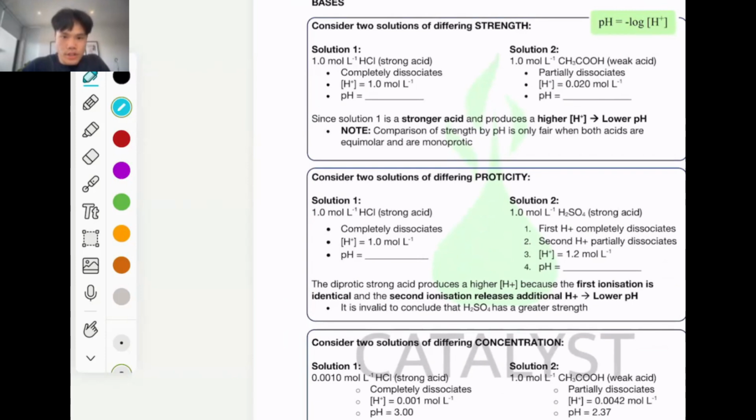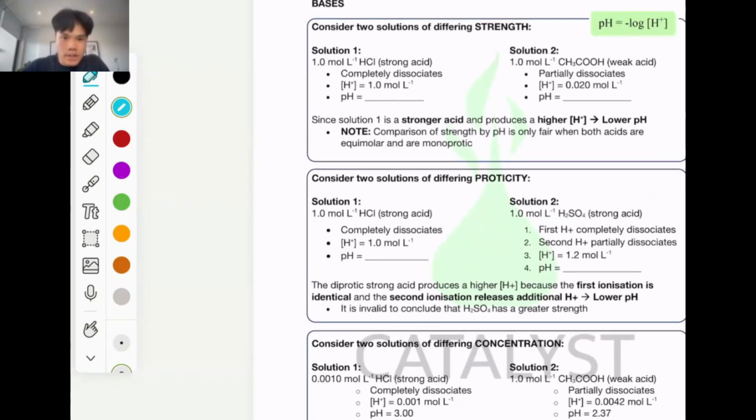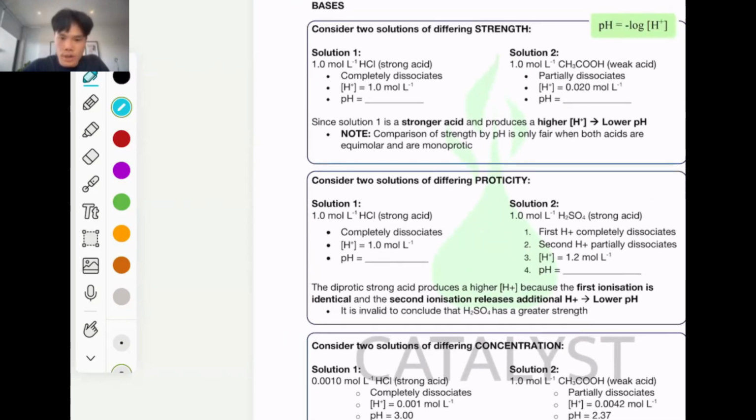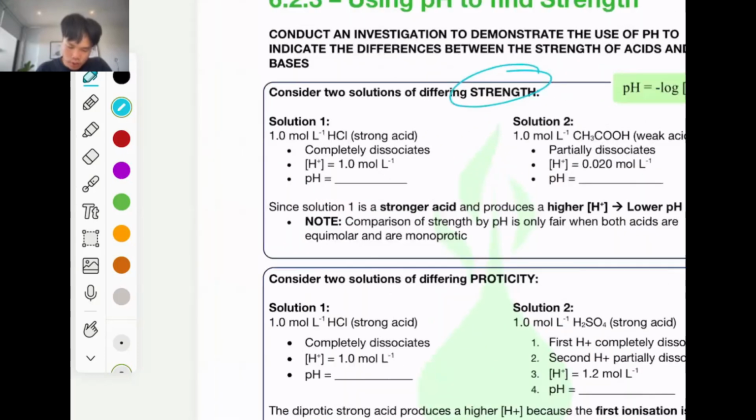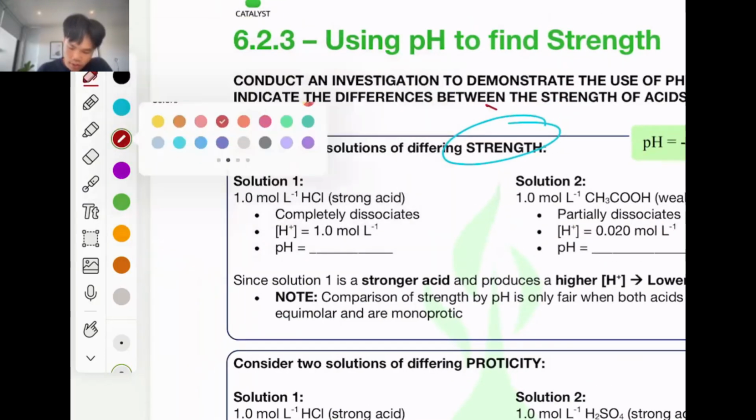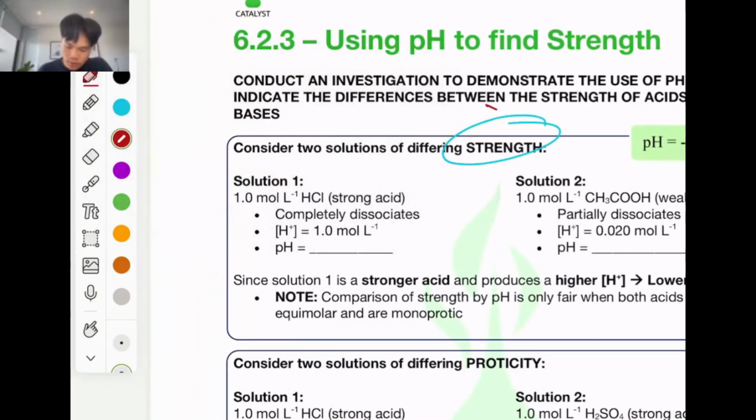So using pH to find strength, you're able to relate pH to 3 different variables: strength, proticity, and concentration. If you're looking at strength, because the dot point wants you to conduct an investigation to demonstrate the use of pH to indicate differences between strength of acids and bases, then in order to compare strength fairly, you have to fix the proticity of the acid you're comparing, as well as the concentrations, because those 2 factors can also change pH.